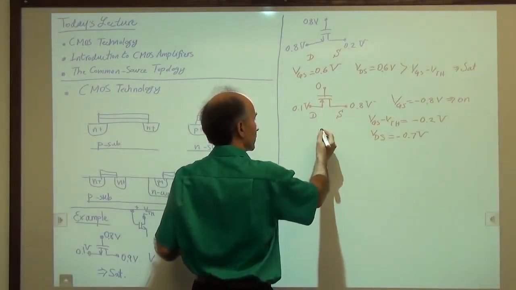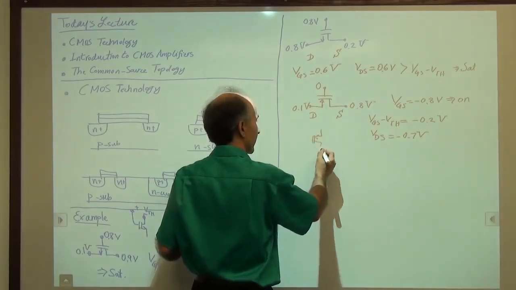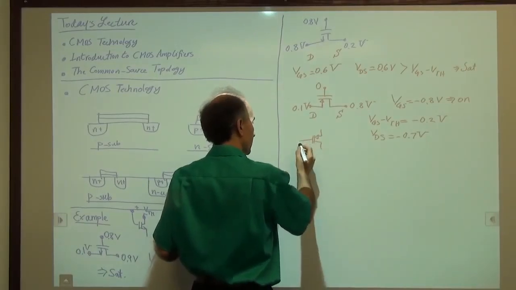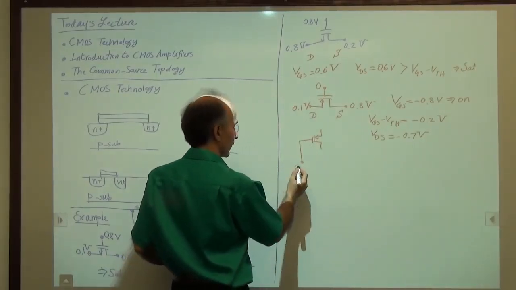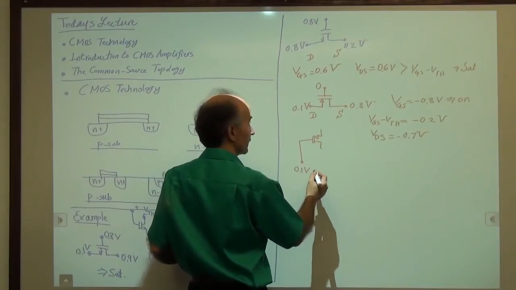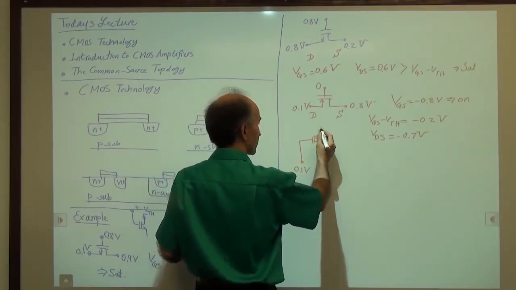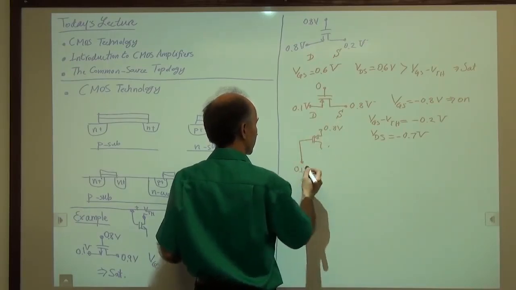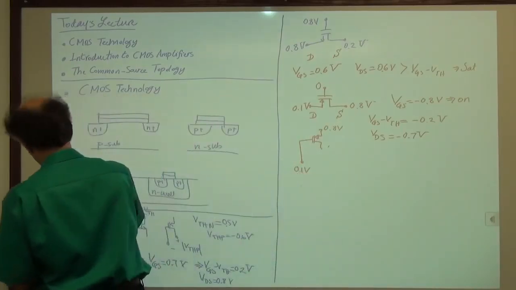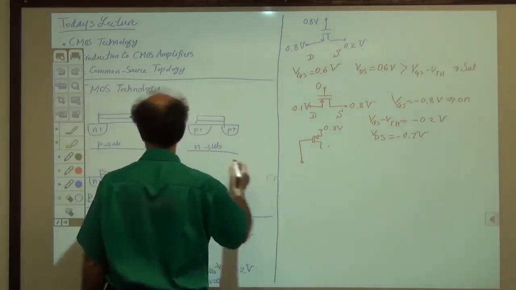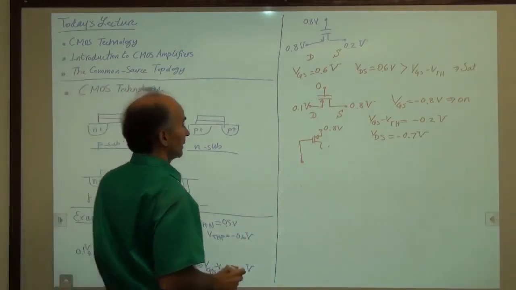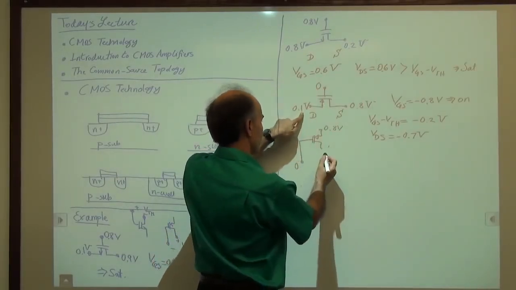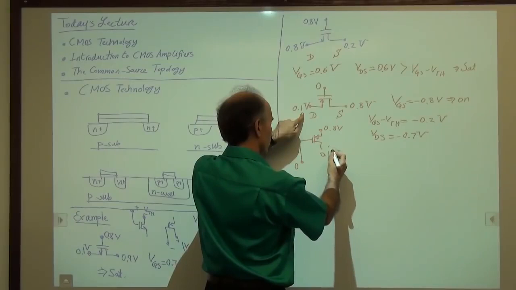So the source has to be drawn on top of the page, and the arrow actually goes on this one now because it's the source, right? Okay, how much is the gate? The gate is at 0. The source is at 0.8 and the drain is at 0.1 volt.